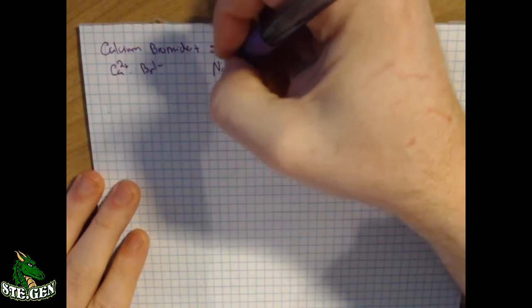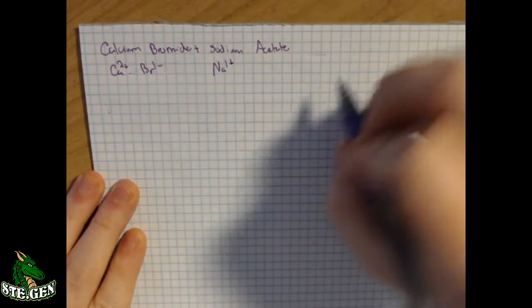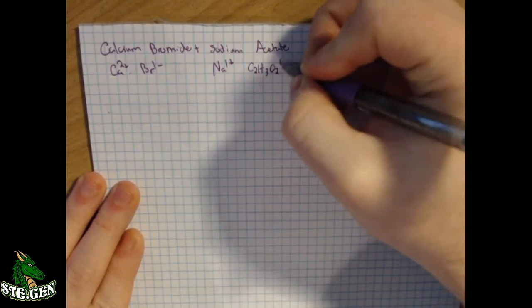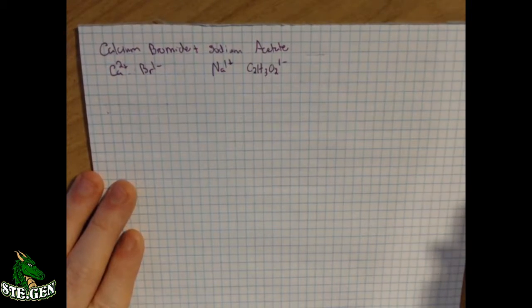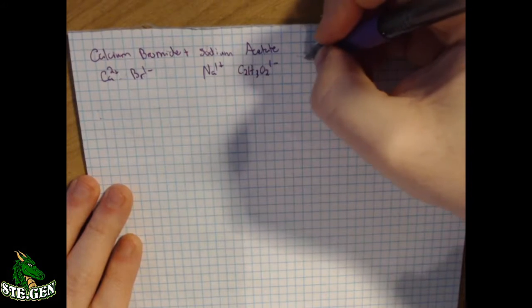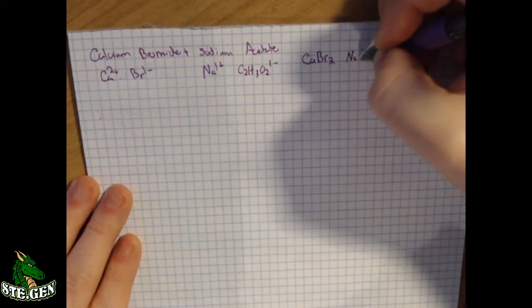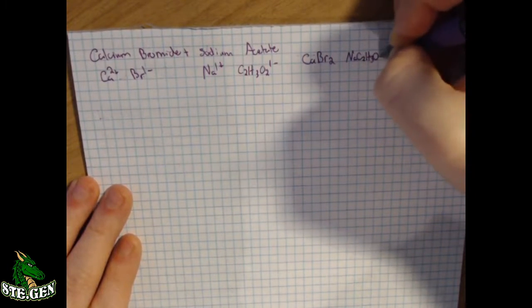Sodium is Na with a 1 plus. Acetate is C2H3O2 with a 1 minus. So that means for the first part of our reaction, we're going to have CaBr2 and NaC2H3O2.